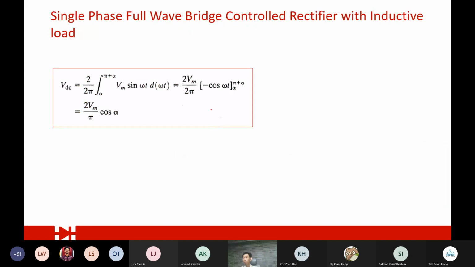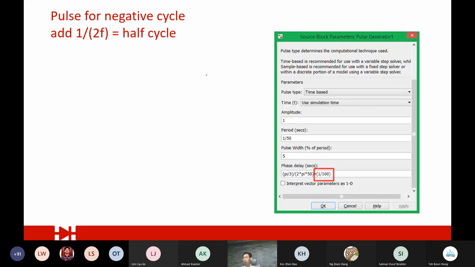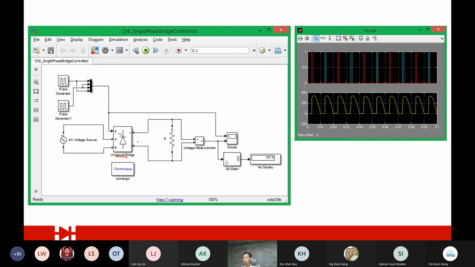Now we will look at this one, a very interesting example. As I said, this type of control is usually applied to big industrial equipment. Industrial equipment is usually either a full resistive load or an inductive load.